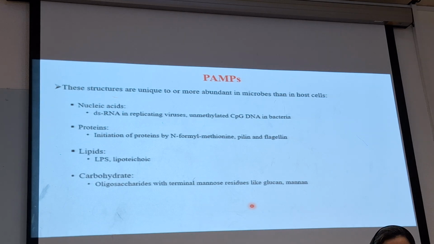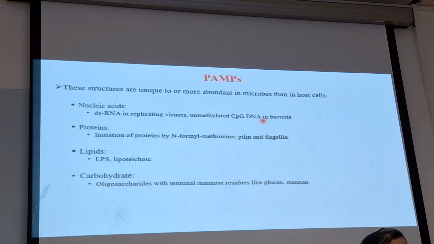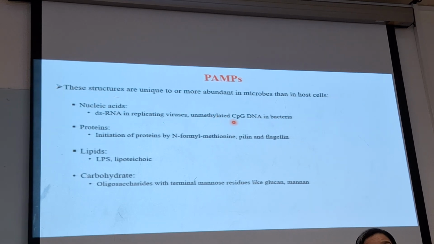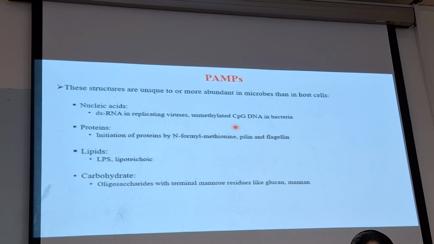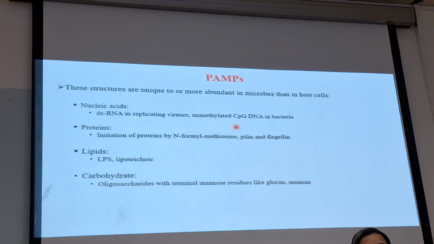What is the difference between PAM molecules on pathogens and the nucleic acids, proteins, lipids, and carbohydrates in our body? They are a little different. For example, viruses have double-strand RNA, while we have single-strand RNA. Some bacteria have unmethylated CpG DNA, while we have methylated DNA.